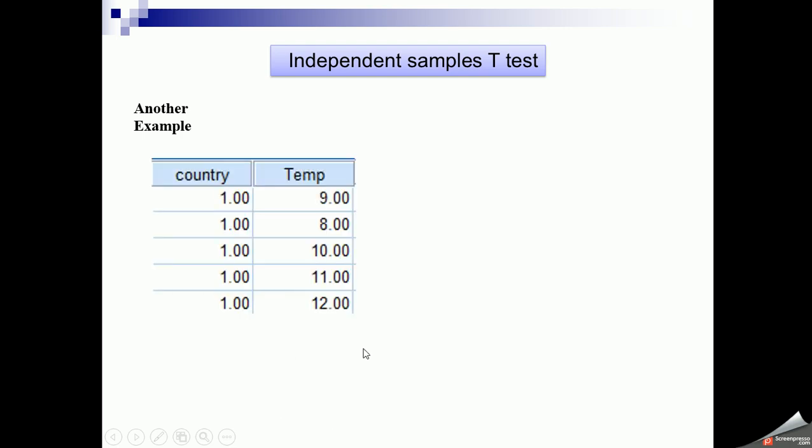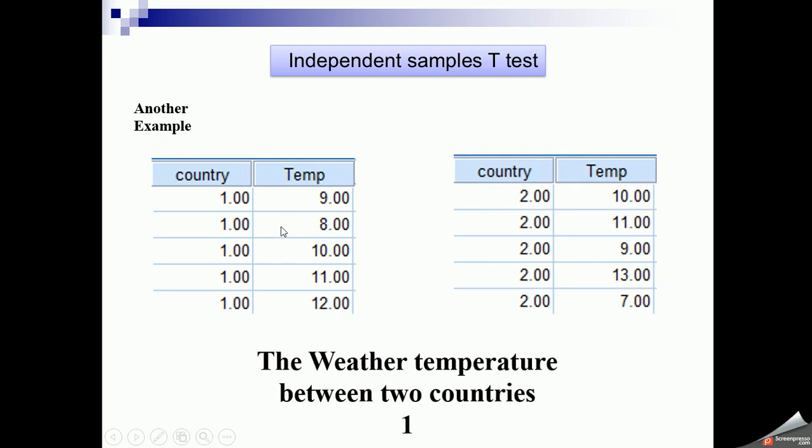But there's one thing we have to think about. Let's see this example and see what is the other thing that we have to consider. Let's say we have the first country and the second country, and we need to check if there are any differences in the means for the temperature, for the same days.